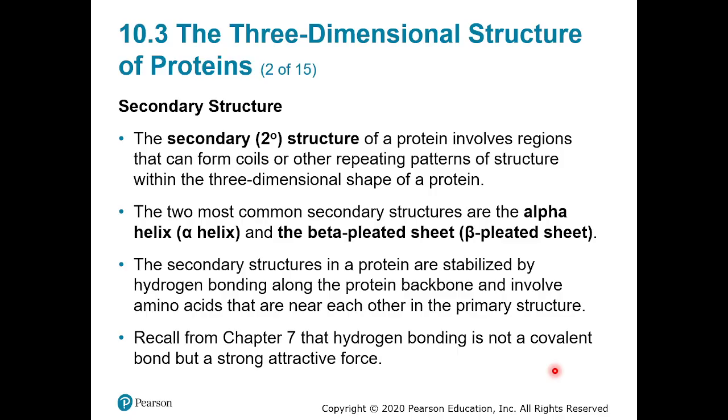No, that's not true, right? And we know that because what happens if you cook an egg? It cooks, doesn't it? Yeah, it changes. And what you're doing is you're actually breaking apart the structures in the proteins. Okay? That's assuming you don't burn it, in which case you just break apart the entire protein.